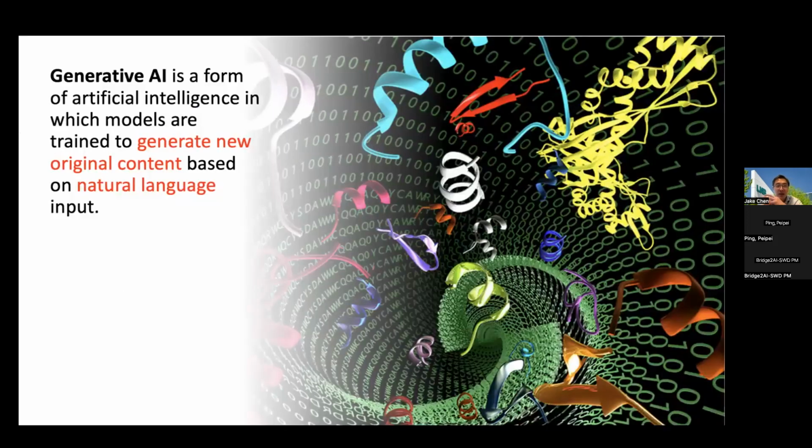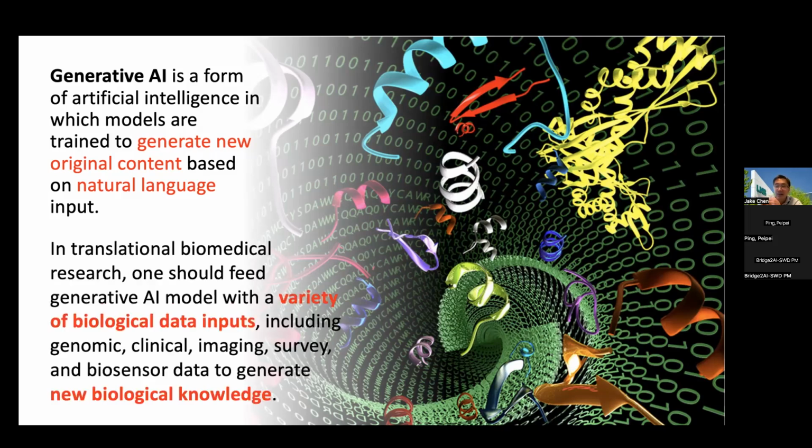To begin with, I would like to mention the basic concept. What is generative AI? It's a form of AI in which models are trained to generate new content based on natural language input. Essentially, it is expected that we give instructions and the AI model will understand them.